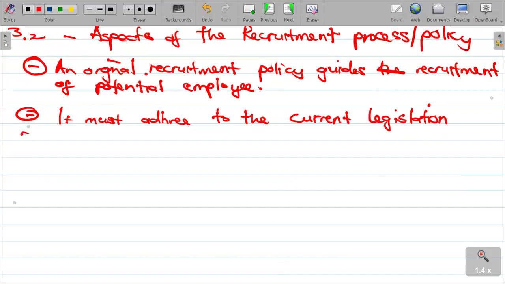Right. Number 3, it's supposed also to include the way an organization functions.